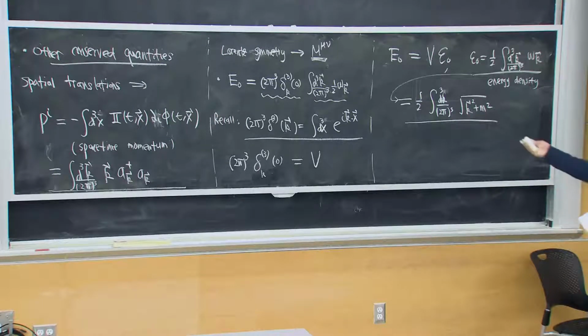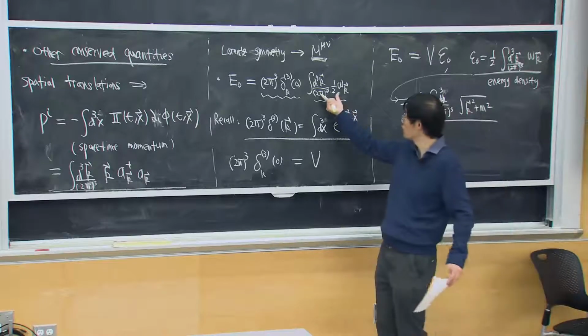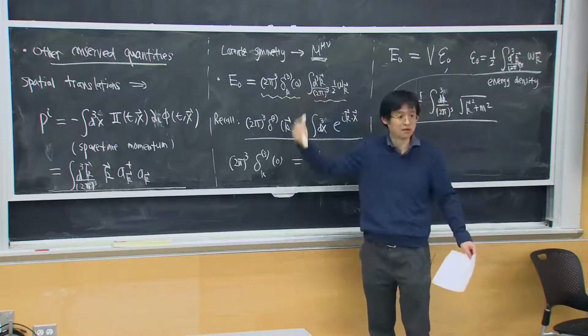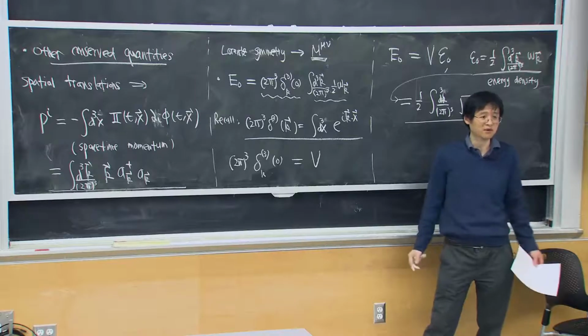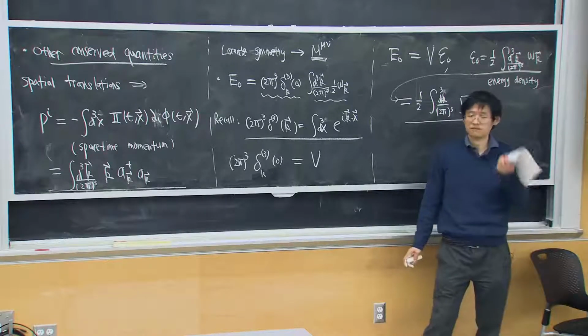No, because this is just a constant. When you have an integral and a constant, you can always pull it out, because that delta 0 does not depend on k anymore.